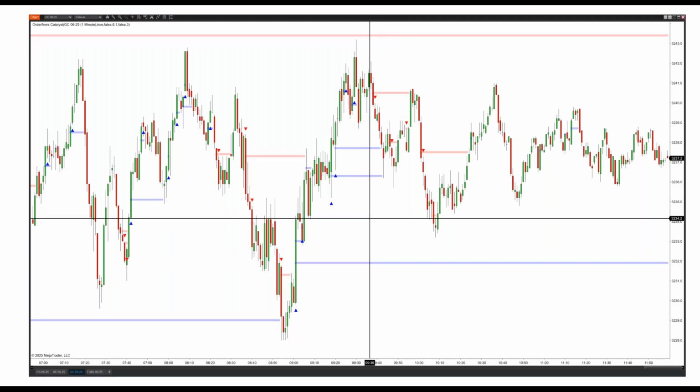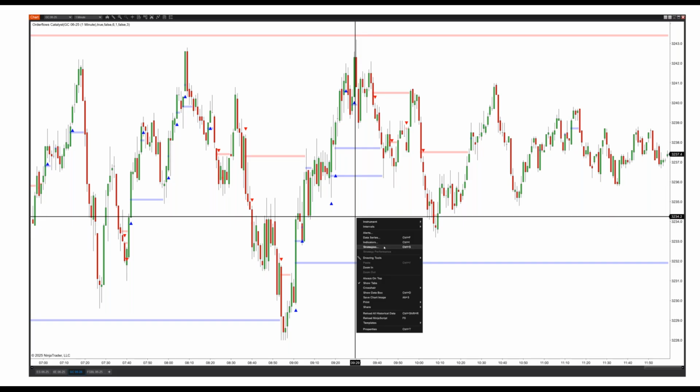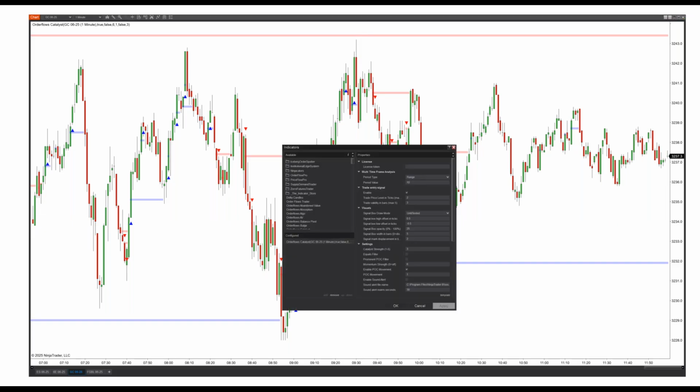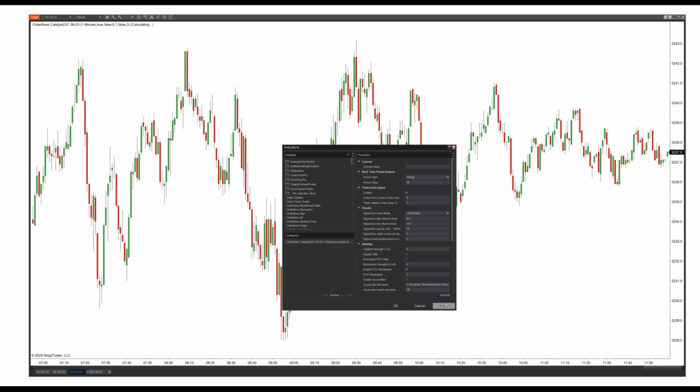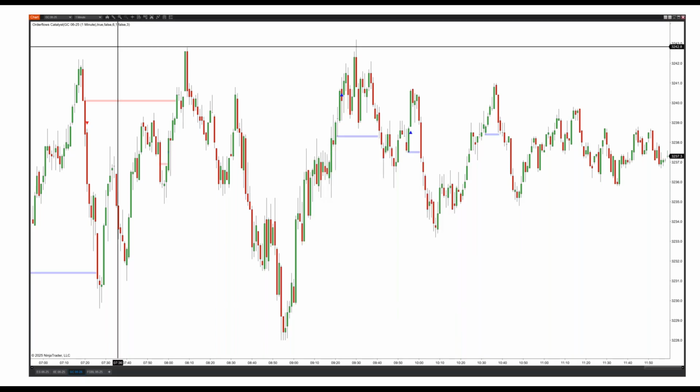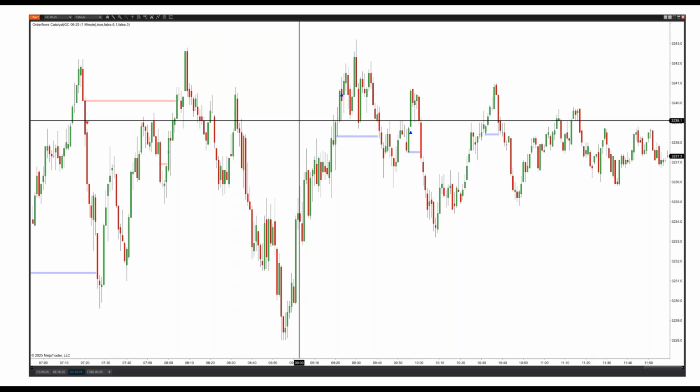Let me pull one up here. So what do I got here? Gold. Well, okay, so this is a 10 range chart. Again, I was talking earlier about using a range-based chart to analyze on an NQ.